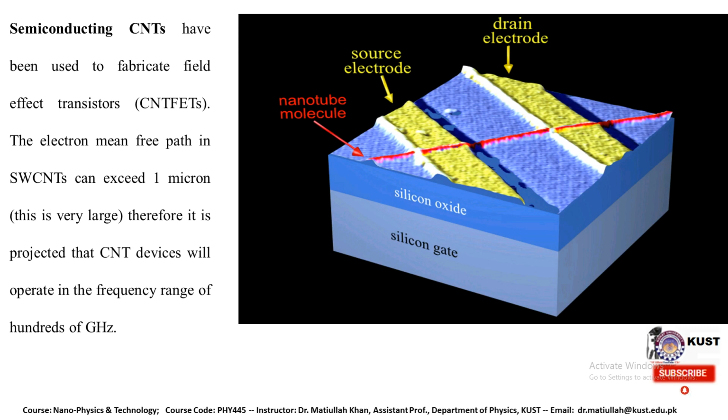So the electron mean free path in the single wall carbon nanotube can exceed 1 micron, which is actually large. Therefore it is projected that carbon nanotube devices will operate in the frequency range of 100 gigahertz.